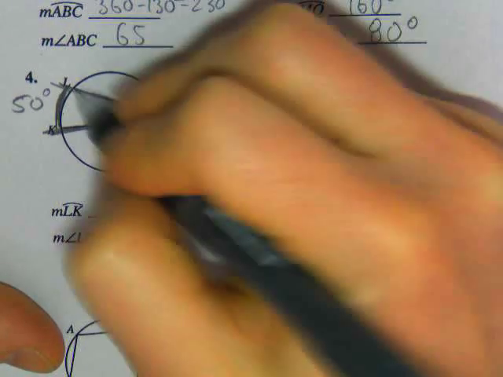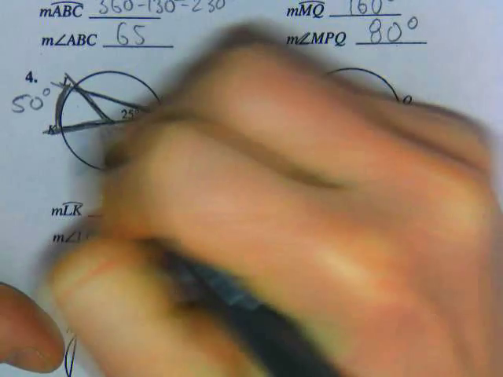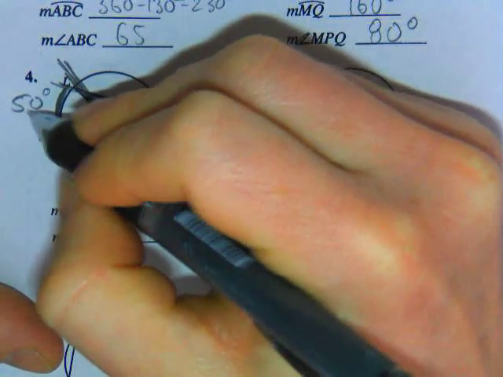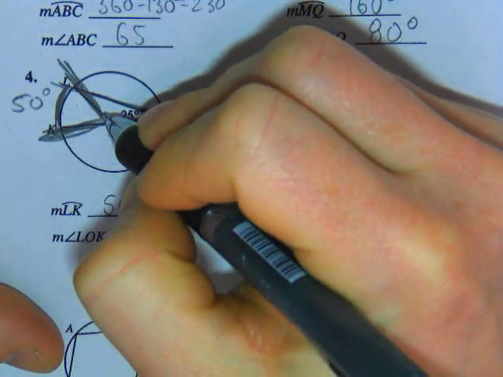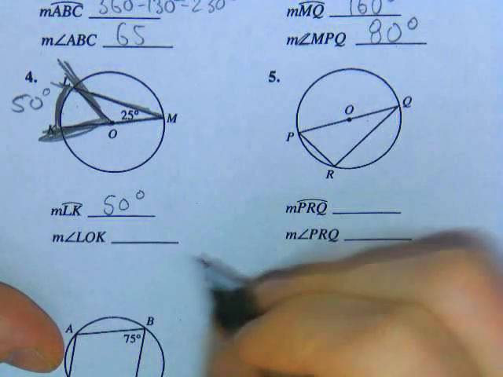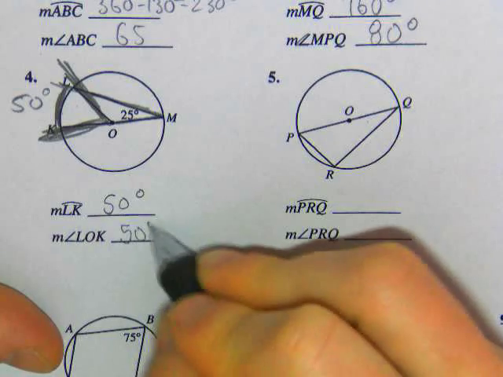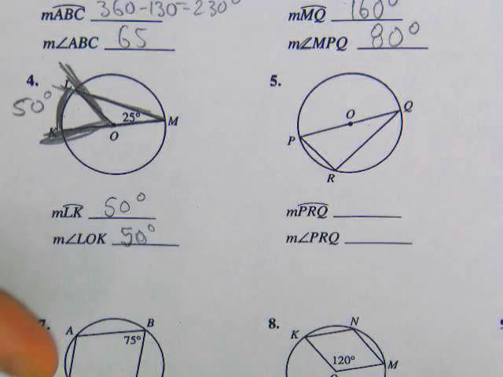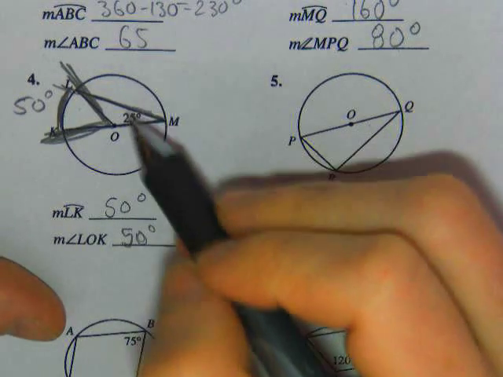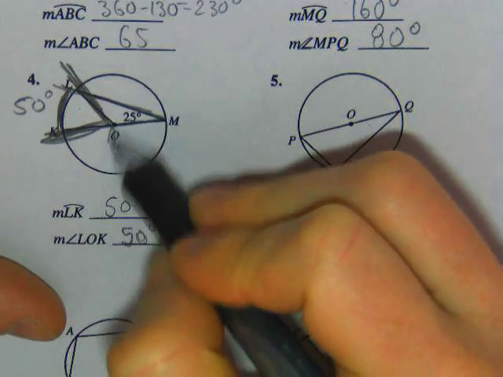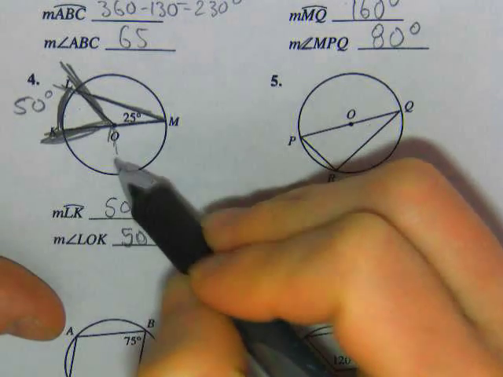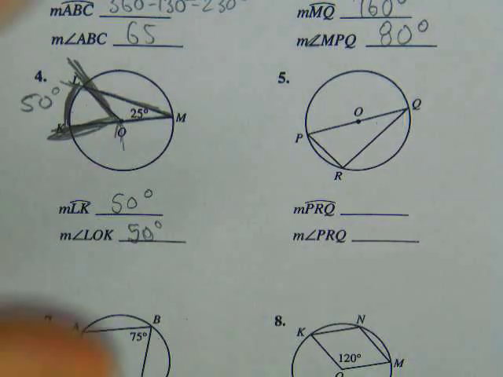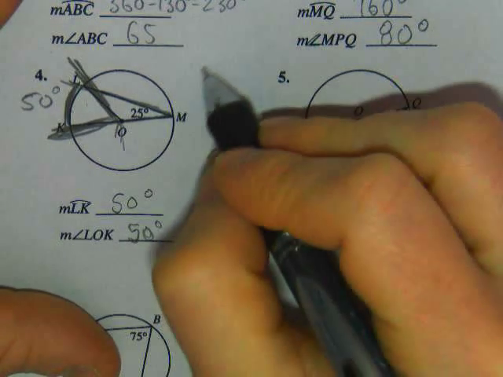So LOK is this angle right here. And if the outside is 50, then the inside is 50. And they're the same because that's a central angle that's in the middle, that has different properties than an inscribed angle.